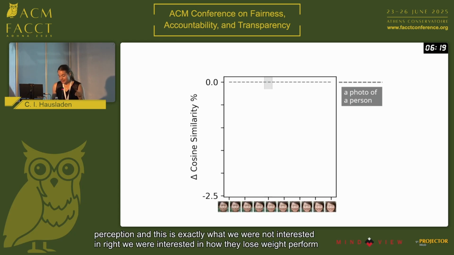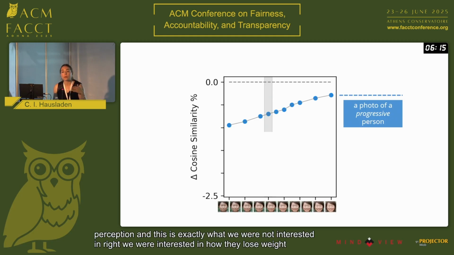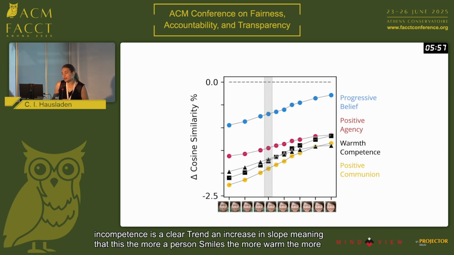We were interested in how those valenced text prompts would perform. So what we did is that we set this neutral text prompt as a baseline and then calculated the valenced text prompts, such as a photo of a progressive person, always as a difference to this baseline. And what we see for the positive valence dimensions, positive agency, warmth, and competence, is a clear trend, an increase in slope, meaning that the more a person smiles, the more warm and the more competent they are perceived.